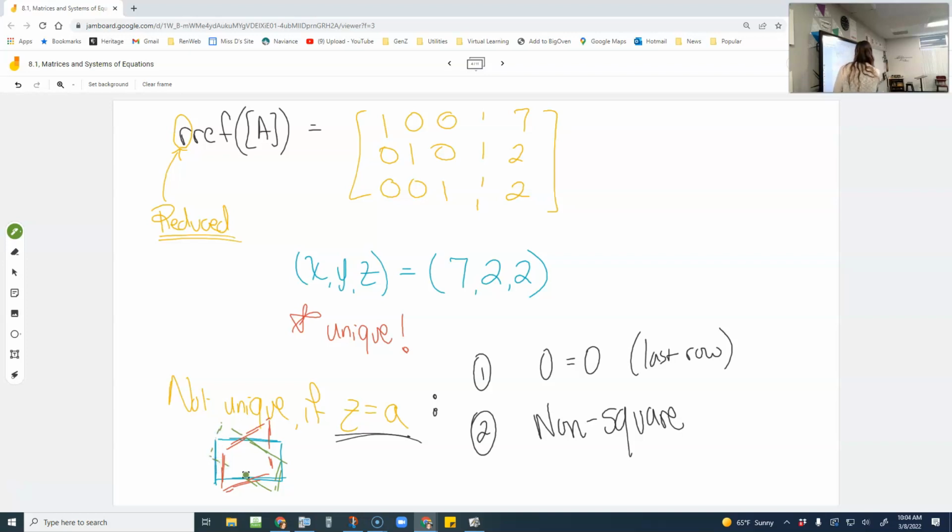Question, where are all these guys intersecting if it's like fan blades? They're intersecting in one line. If they're all at the same angle to each other, but just rotated like multiple fan blades, those would be representative of when you would have a z equals a, infinitely many solutions.